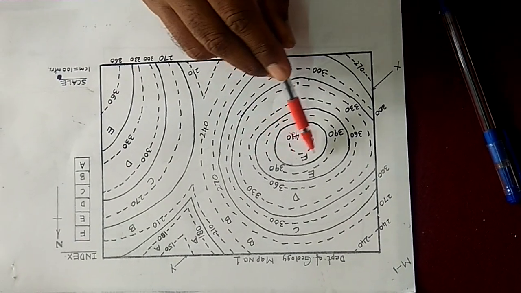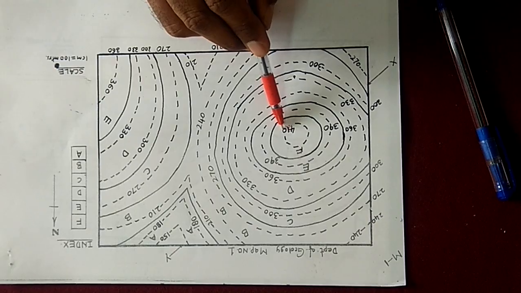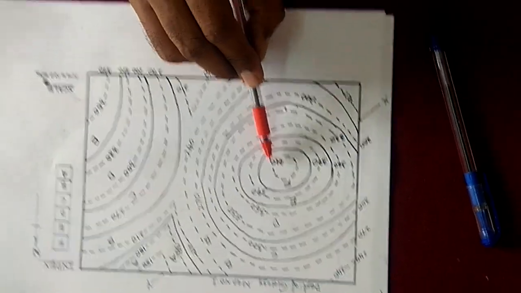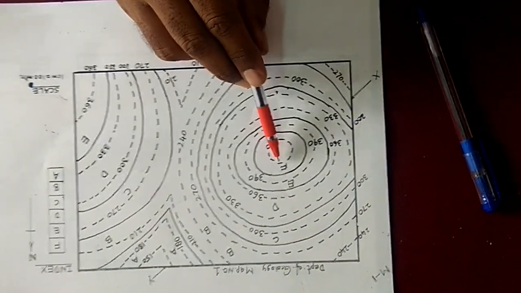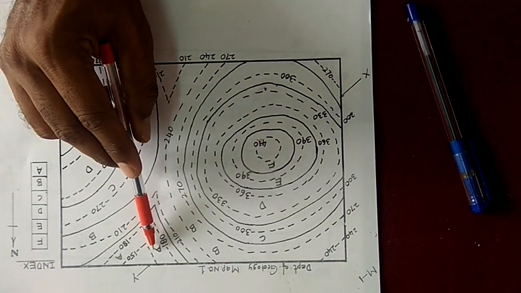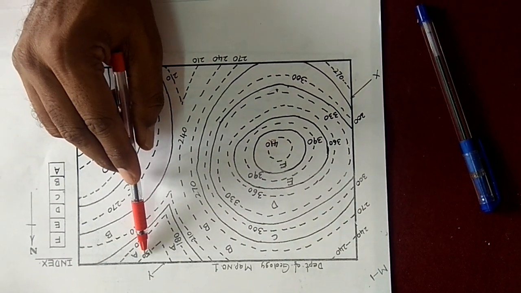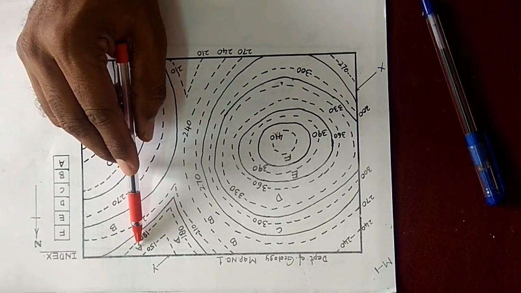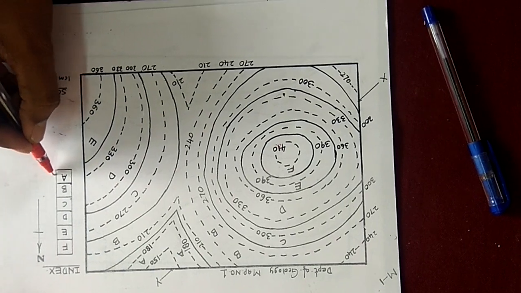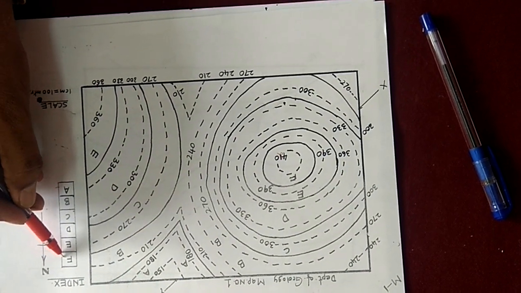Friends, F, this bedding plane, is situated at 420 meters height from the mean sea level. Hence it is the youngest. Whereas A, this bedding plane, is situated at 150 meter height from the mean sea level. Since it is the oldest, okay, it is the oldest and this is the youngest here.